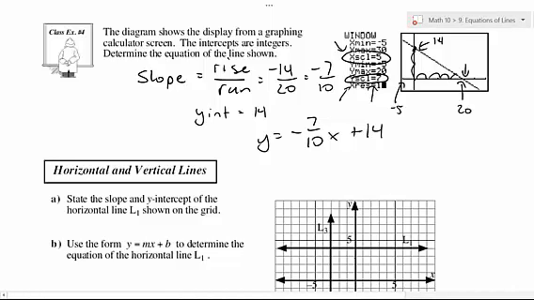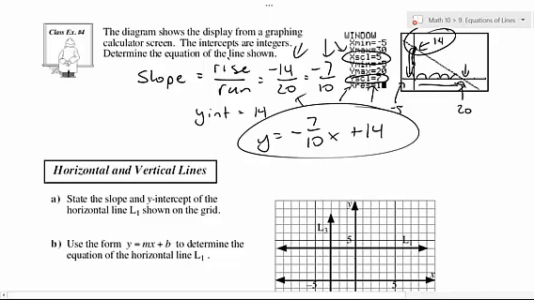So we have a rise of -14 and a run of 20. And that's just saying, okay, -14, so we're going down 14. And then we're going over 20. That gives us a slope of -7 over 10. And we have this 14 as our y-intercept. So the equation is this.